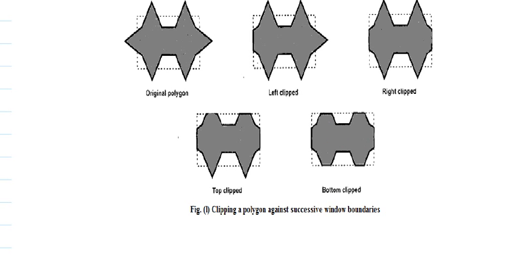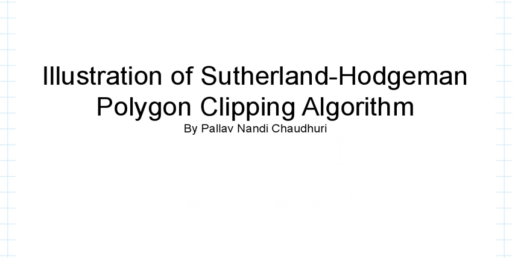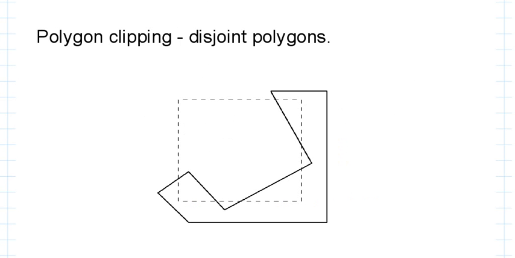So there are some procedures you need to follow while you clip a polygon with respect to some edge. Before delving into the procedures, just look at some of the situations which might arise in polygon clipping. Just look into this diagram. This dotted square is your clipping window, and this polygon with the solid line is the polygon to be clipped.